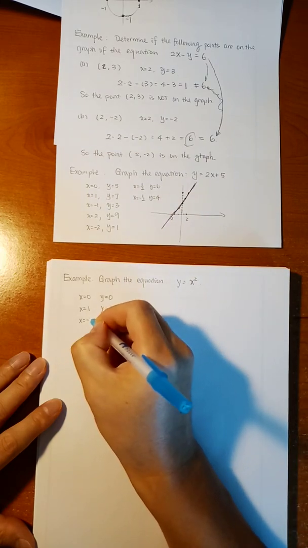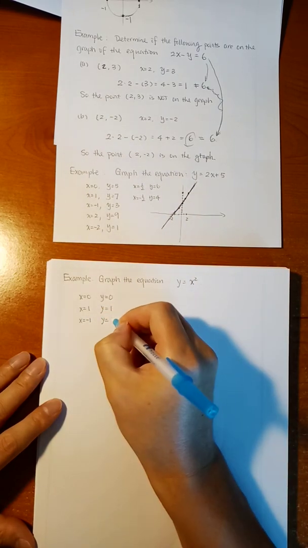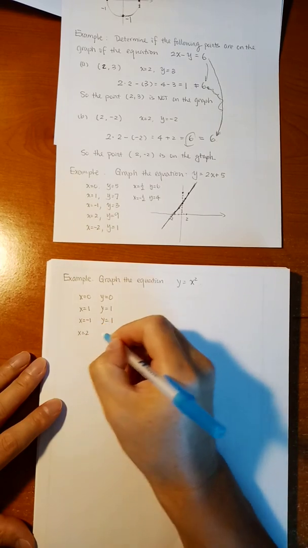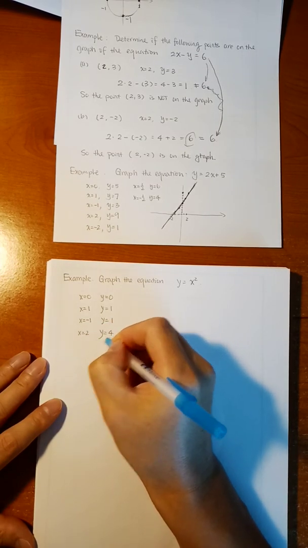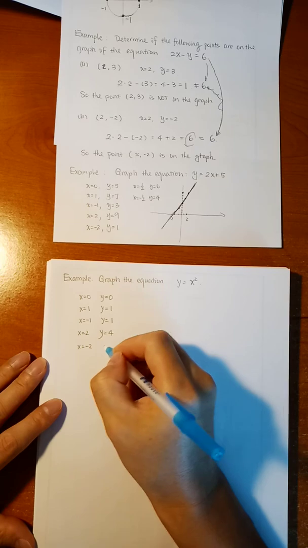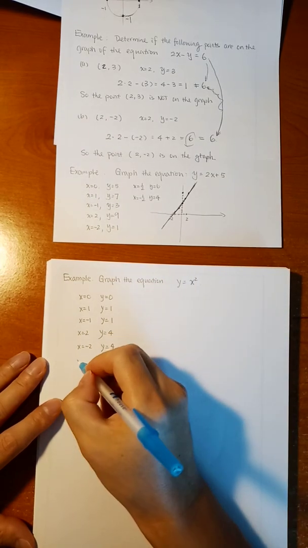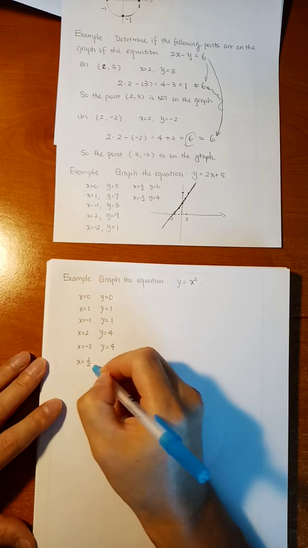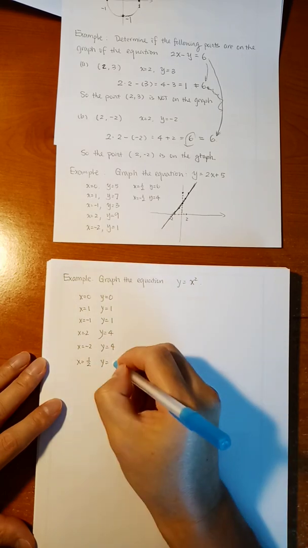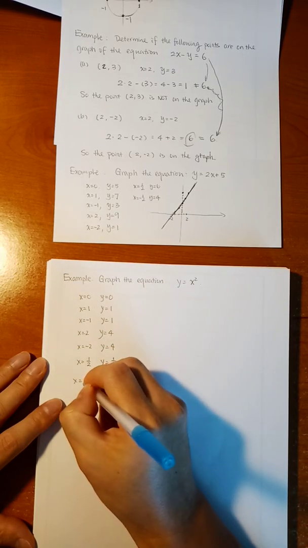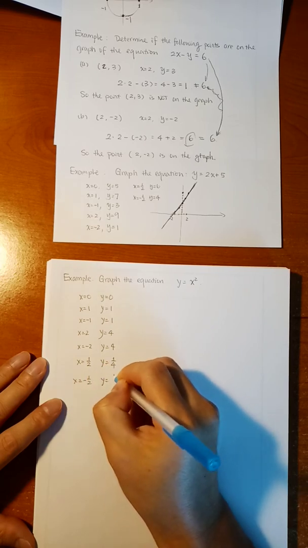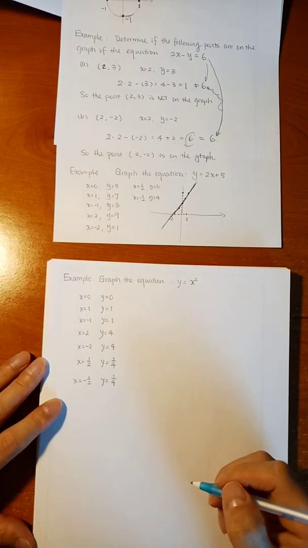X is equal to negative 1, negative 1 squared is 1. X is equal to 2, 2 squared is 4. X equal to negative 2, negative 2 squared is 4. And also, if you want some smaller number, x is 1/2, 1/2 squared, 1 over 4. X is negative 1/2, negative 1/2 squared is also 1 over 4.